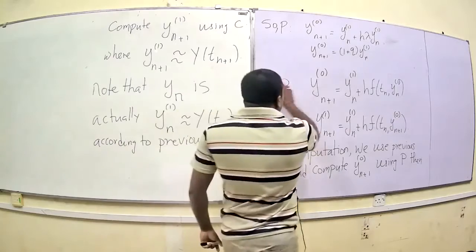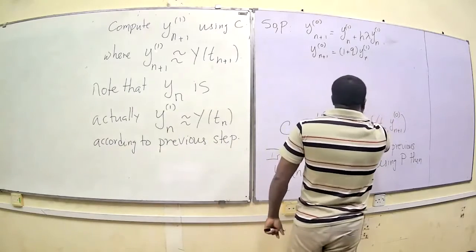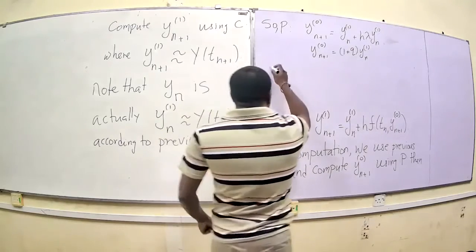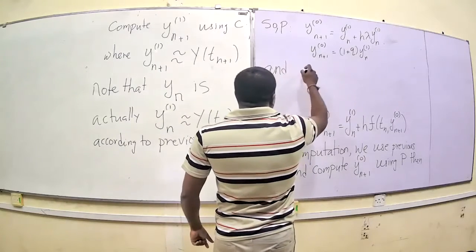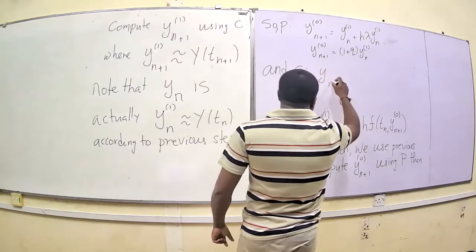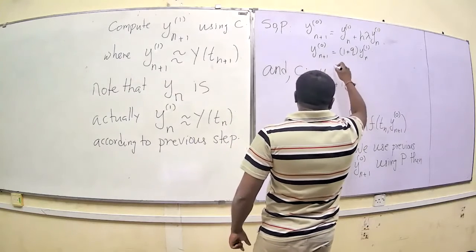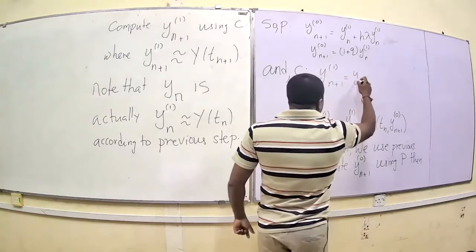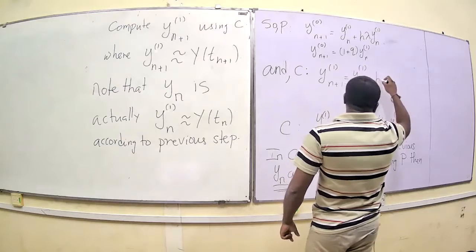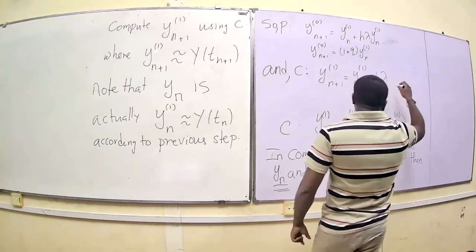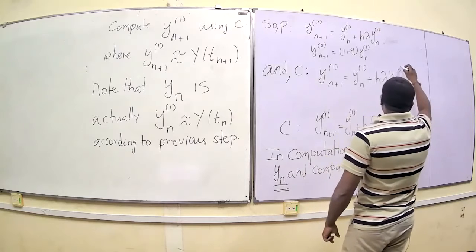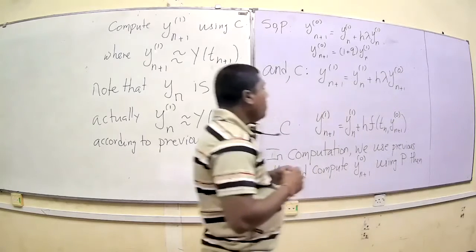So now we have to use the corrector. The corrector method says yn plus 1 1 is equal to yn1 plus h times f, where f is lambda times y, and here y is yn plus 1 0.